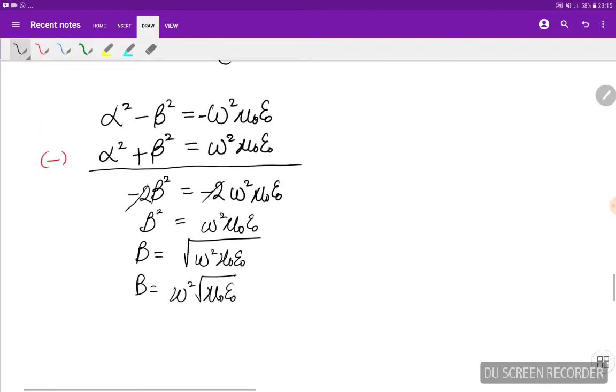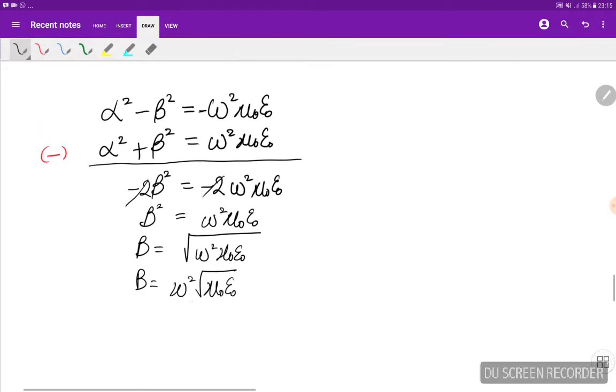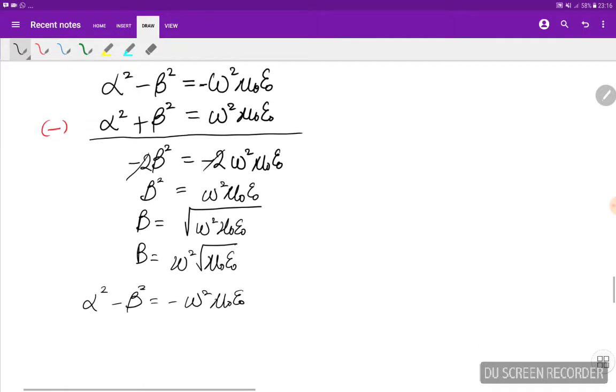So what are α and β? If β is equal to ω√(μ₀ε₀), and α² − β² is equal to minus ω²μ₀ε₀. Remember, your β² is equal to ω²μ₀ε₀.